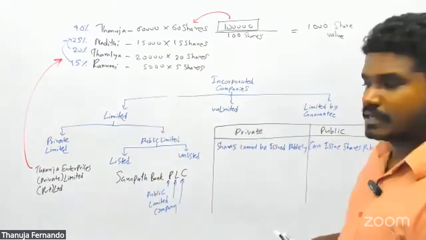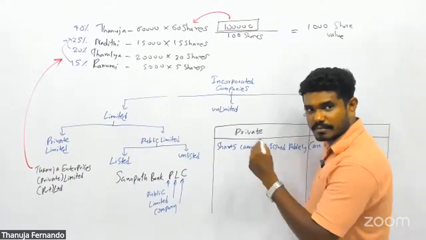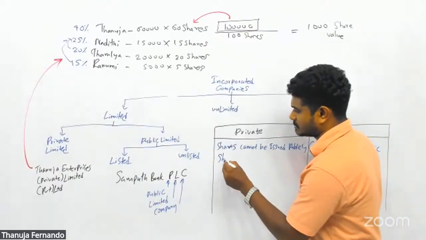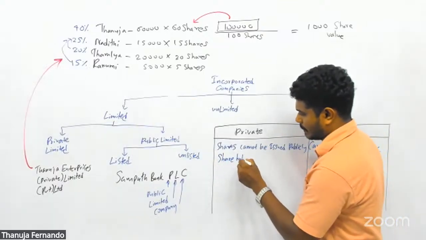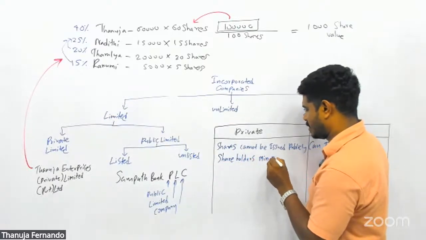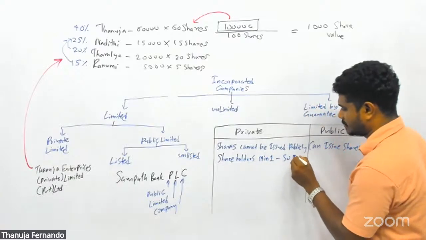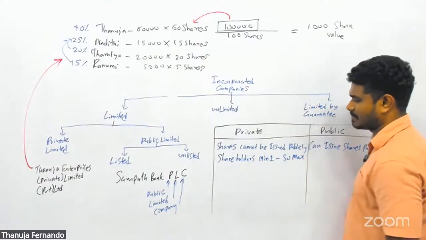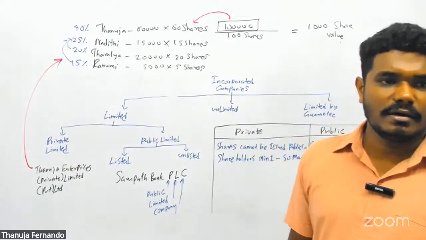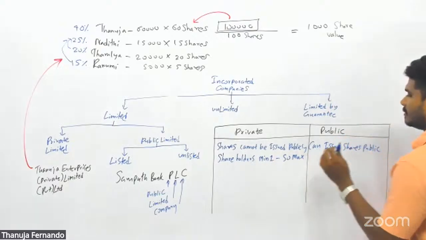Then, as a private limited company, the members, the shareholders, must be a minimum of one and a maximum of 50. For a private limited company, a minimum of 1 member is required and a maximum of 50.